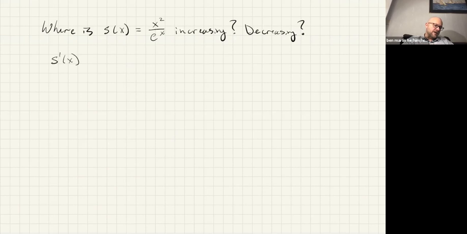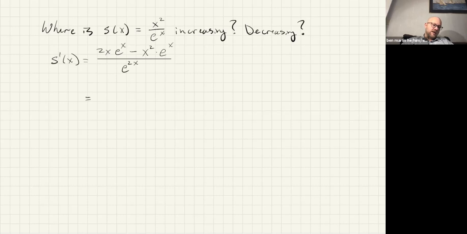S prime of x equals, and we take the derivative of the top first, so that gets us 2x, and then e to the x here, and then minus, now we'll leave the x squared alone, and derivative of e to the x is e to the x, and then on the bottom you have to square e to the x, which is really writing e to the 2x, okay?